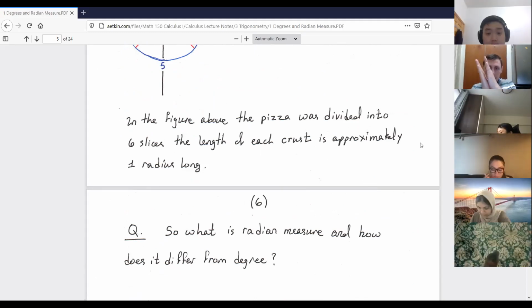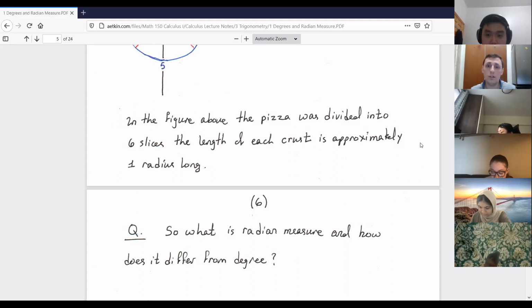Smaller crust, sharper angle. Larger crust means bigger angle. So I'm using the crust to measure the angle instead of the number of slices. And the reason that it's good, guys, it's intrinsic property. It's a property of the circle that the radius can be folded around the circumference about 6.28 times. Do you understand me?